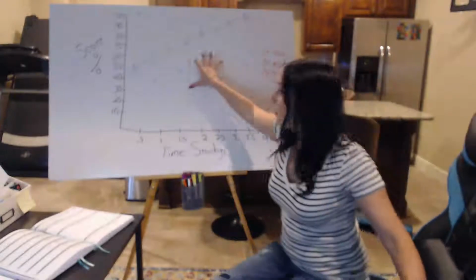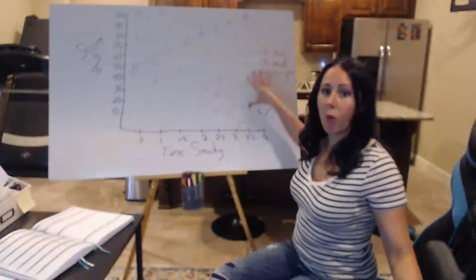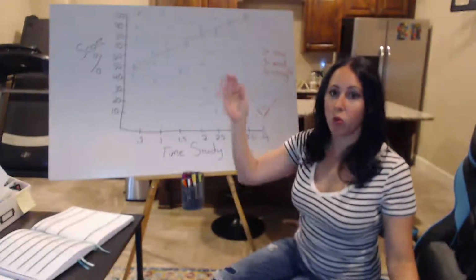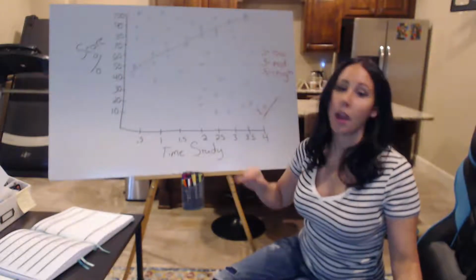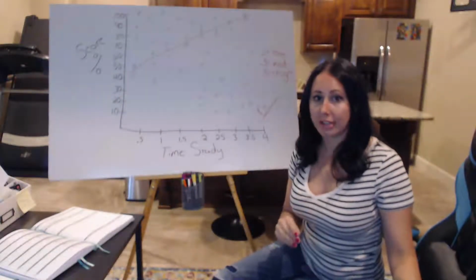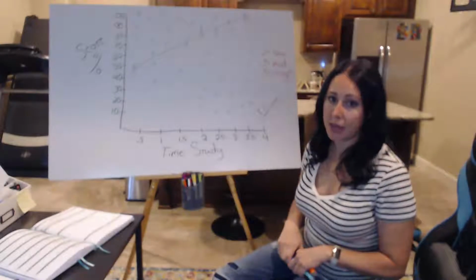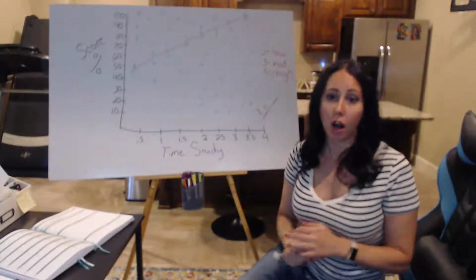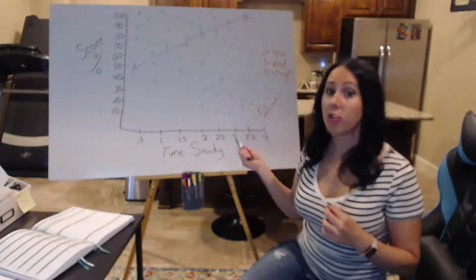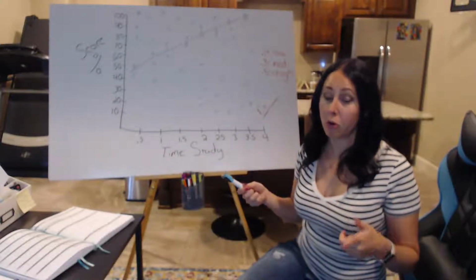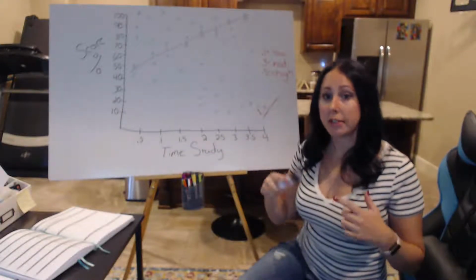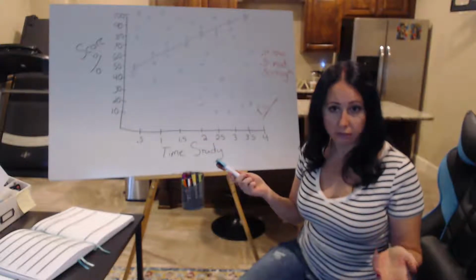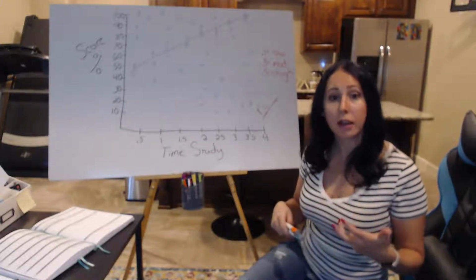The more that I have going on away from the line, the weaker my correlation is going to get, the lower this number is going to be. So the positive or negative in front of our R is not referring to the strength. It's referring to the direction. Positive correlations will be positive. Negative correlations will be negative.